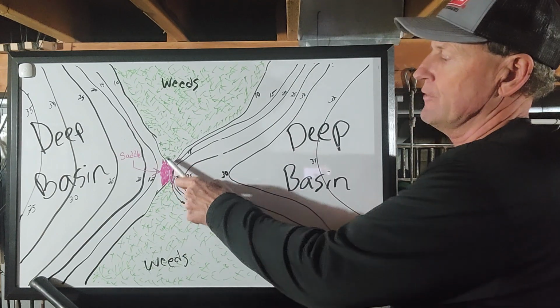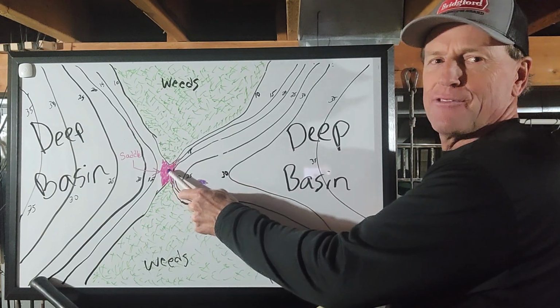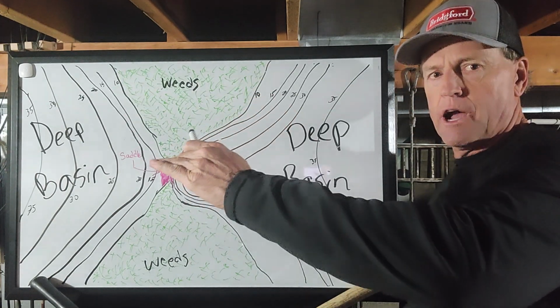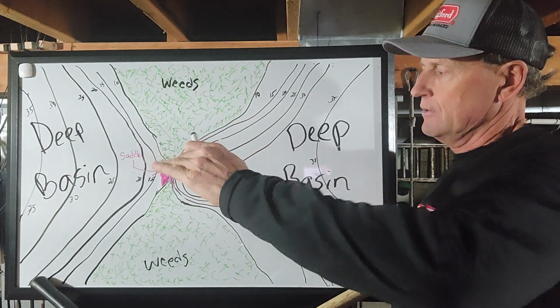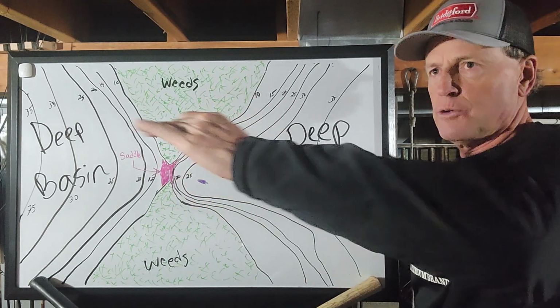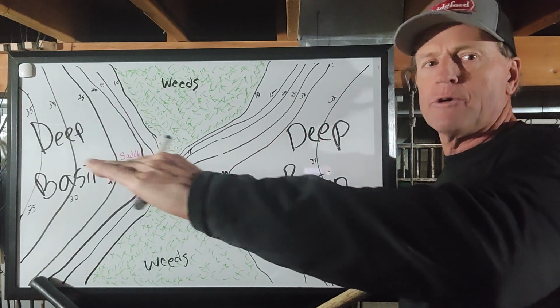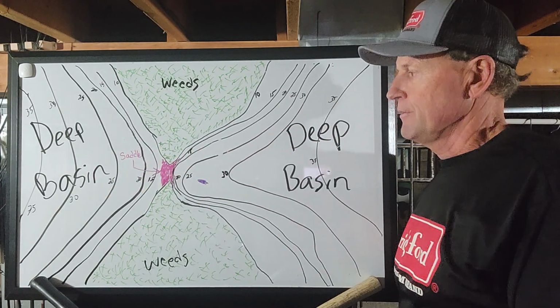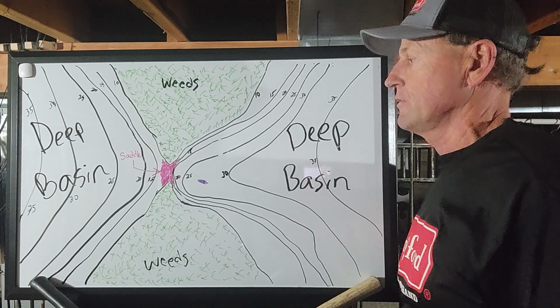All right, and this will be like a flat area. It just gradually comes down off of that weed point on each side, and it's just a little bit deeper, and the sun doesn't penetrate that extra couple feet, so the weeds don't grow there. And the fish, I'm telling you, the fish love this kind of stuff.